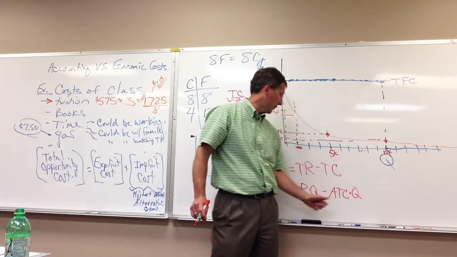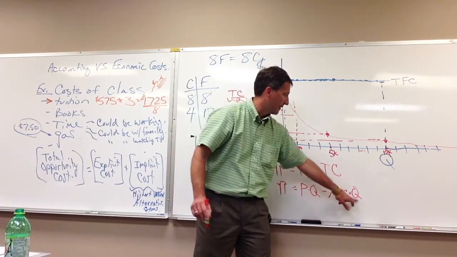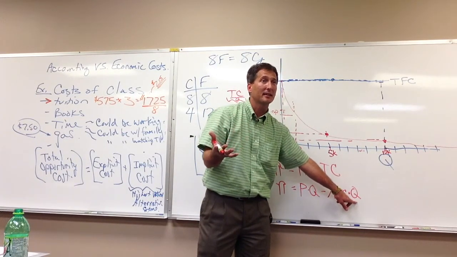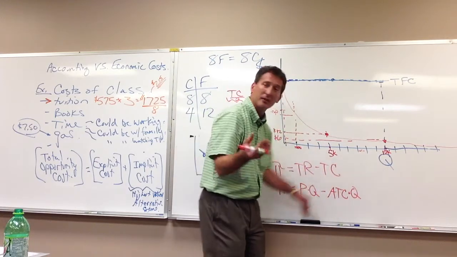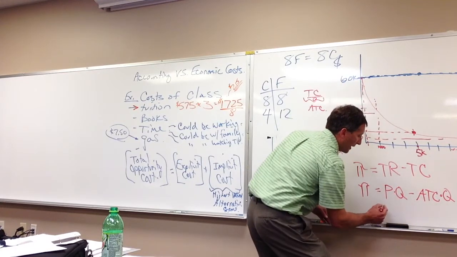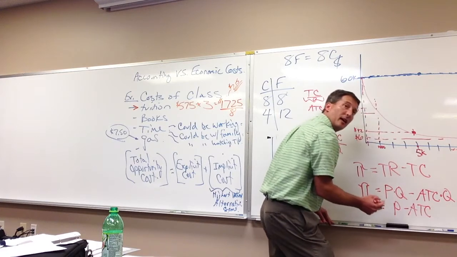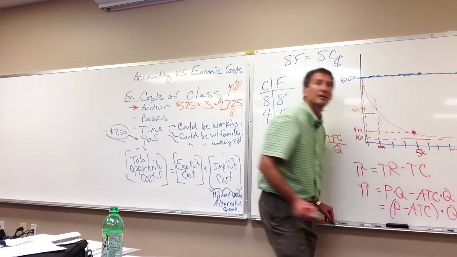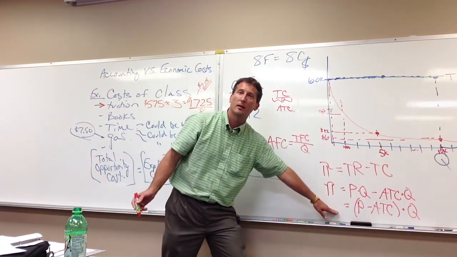We can, no, I want to leave this side the same, but there's one little step I can do since I have a common factor in here. I can't just delete it, but I can factor it out, right? It's kind of like dividing by Q, but I just think of it as sucking the Q out of here. So this could be re-expressed as the difference between price per unit and average total cost per unit times the number of units gives me total profit now.